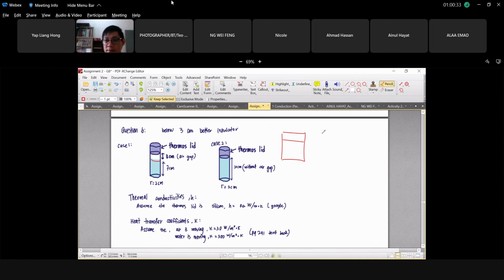For case number 2, without air gap, very simple. This is the air gap, 3 cm. This is the lead. And this is only lead.